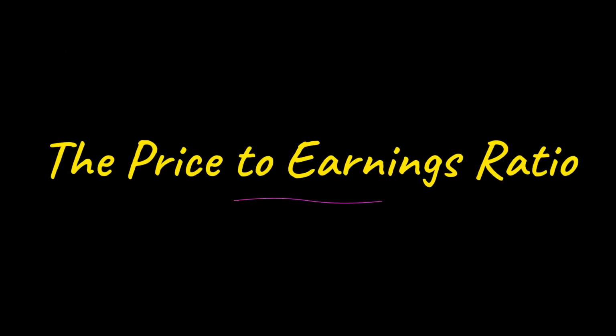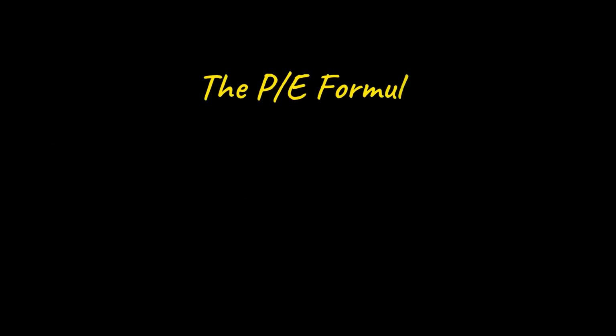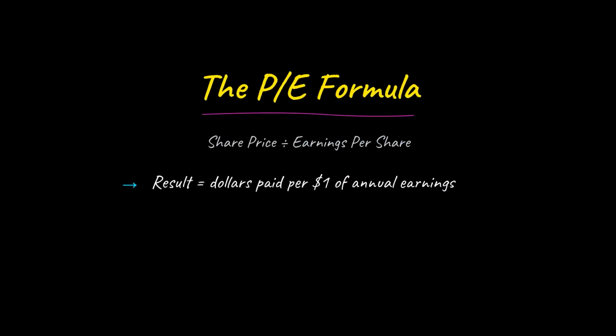The price to earnings ratio, or PE, is one of the most widely used tools in investment analysis. It connects a company's current share price to its earnings per share, giving investors a standardized way to assess valuation. Dividing share price by earnings per share produces a multiple, the number of dollars investors pay for every dollar of annual earnings.